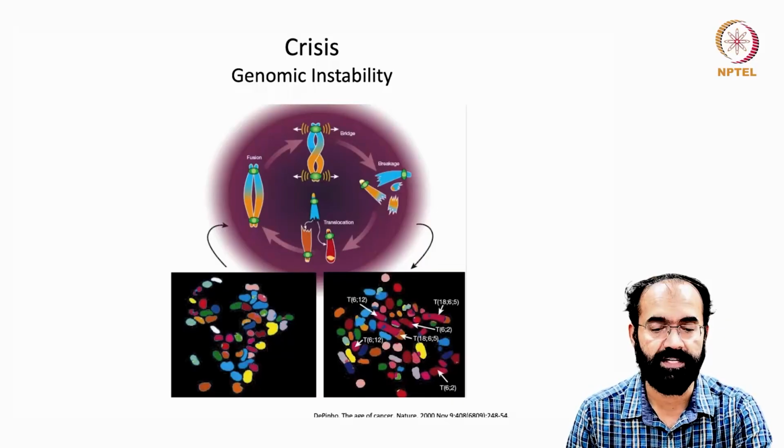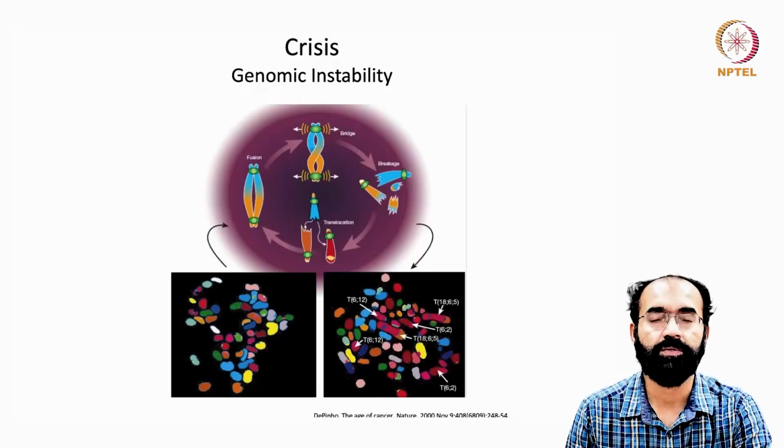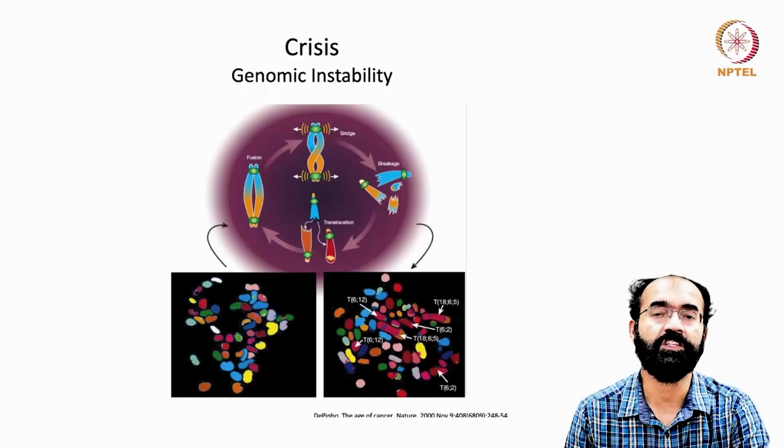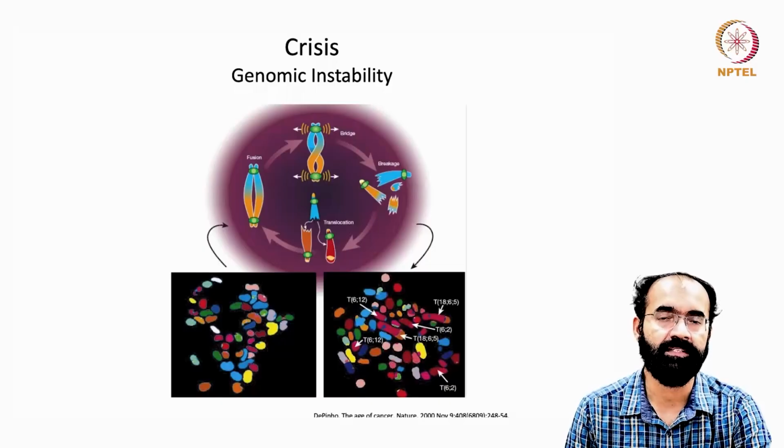You will end up getting even circular chromosomes. So in cancerous cells, some chromosomes will appear circular. They can fuse in all possible ways, as long as a few genes are working.